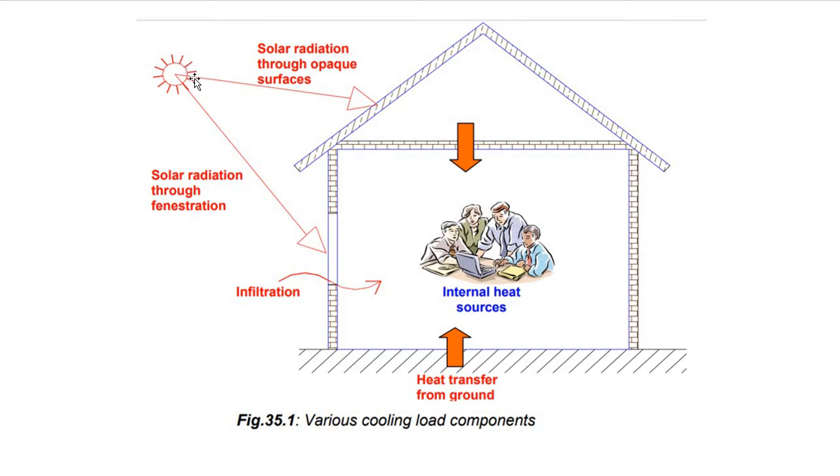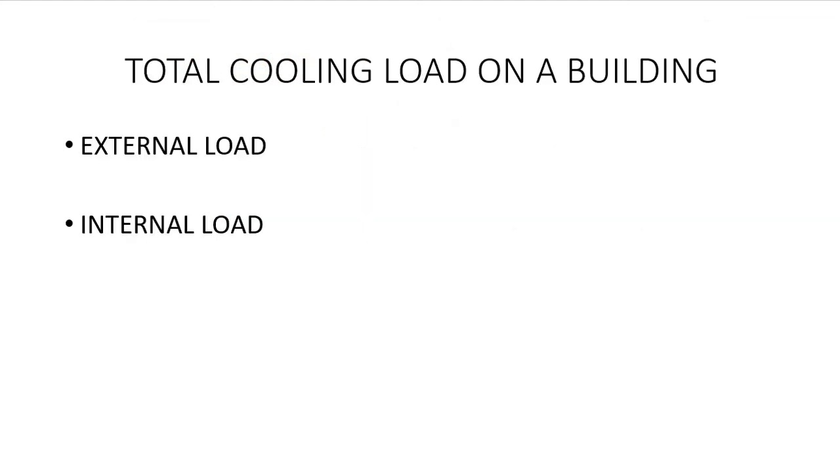So there will be heat leakage from the surroundings to the room, and there will be heat generation from inside itself. The humans are emitting heat, the equipment is emitting heat, and the light is emitting some amount of heat. So these are internal sources, and whatever amount of heat is coming from the outside is known as the external source of heat.